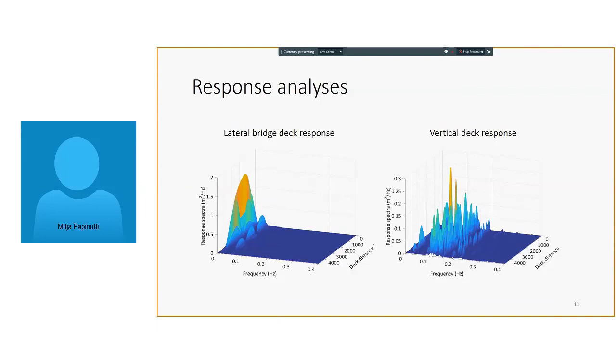Yes, that's correct, but then to me, because for a TLP supported floating bridge, if you look into your fundamental mode, the first global mode, you actually have a vertical component accompanied by the main or dominant horizontal mode, isn't it? Because imagine your TLP is moving sideways in the lateral direction, it will be dragged down.